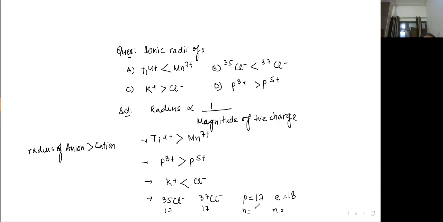Dear, you will not check half-filled and fully-filled configuration in atomic radius. You will check half-filled and fully-filled configuration in ionization energy, not in the radius part.